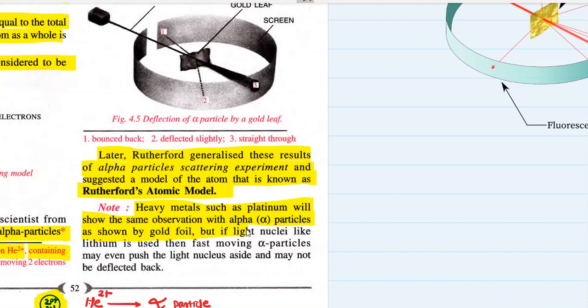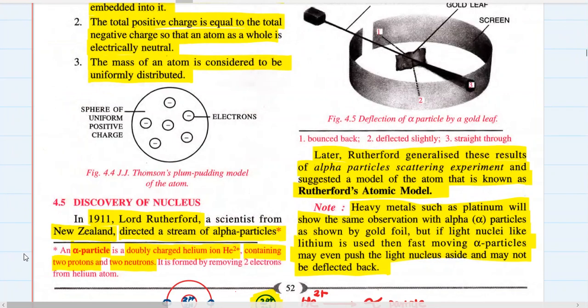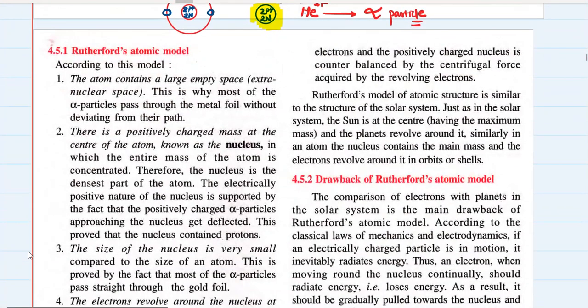But if light nuclei like lithium are used, then fast moving alpha particles may even push the light nucleus aside and may not be deflected back. That's why heavy metals like platinum and gold were used by Rutherford for this experiment, so that he can accurately tell how an atom looks.